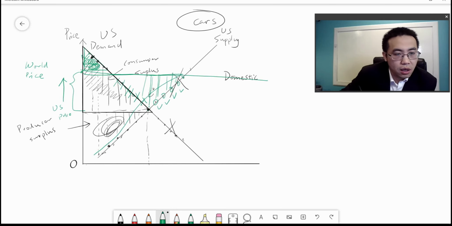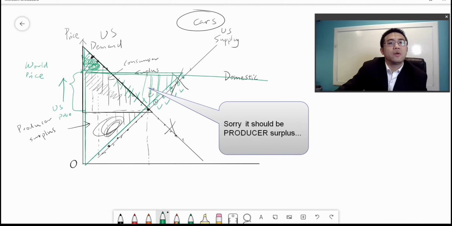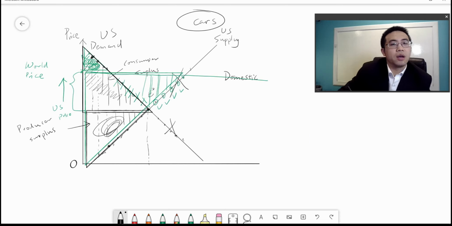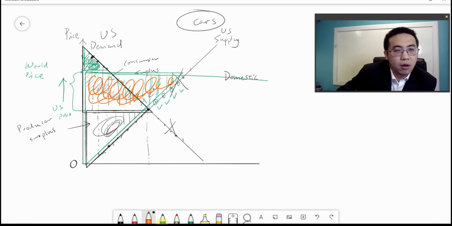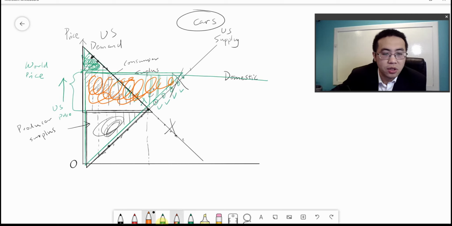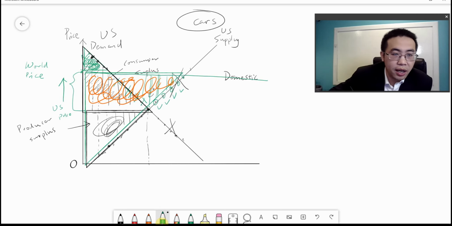Okay, this is the new surplus, and your old surplus is right here. So you can see the consumer gets some gains by this much, and the producers get hurt by this much.